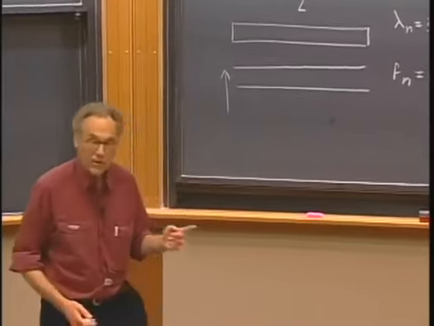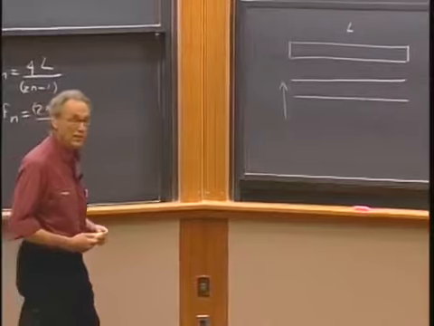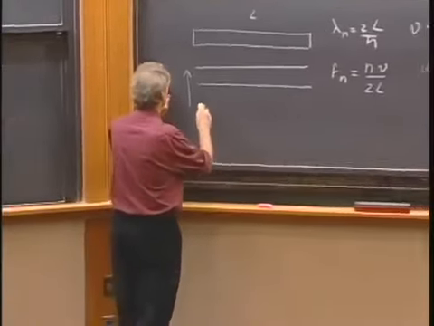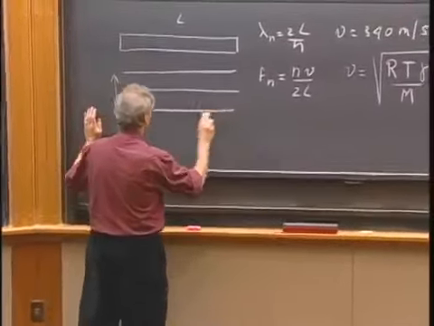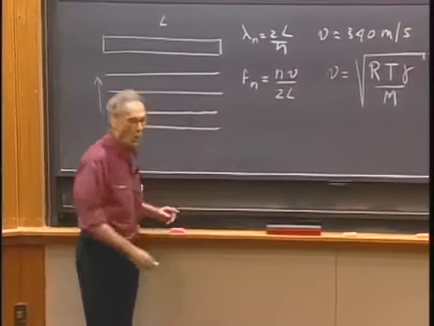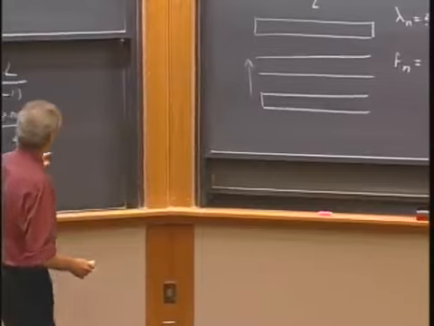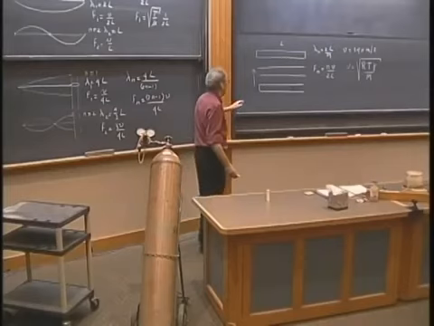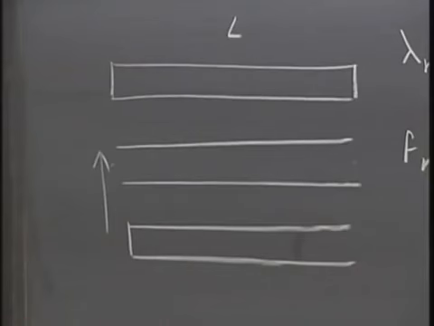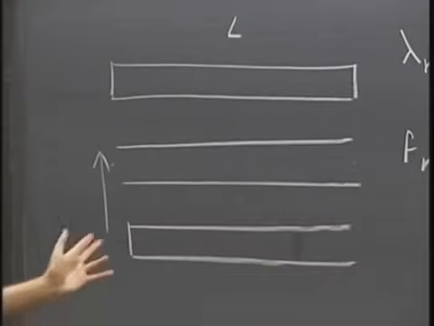Now in the case of sound cavities, it is very easy to make a system which is closed at one end and open at the other. That is very easy, which you cannot do with strings, but you can do here. In this case, one side of the cavity is closed and the other one is open.